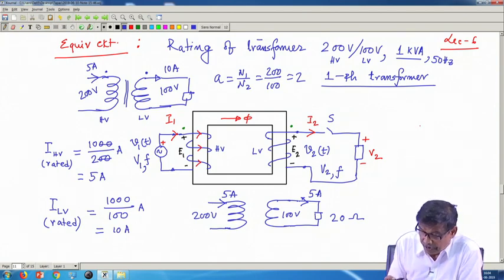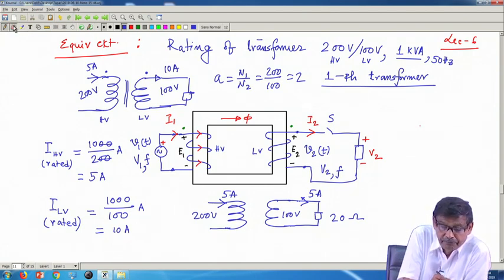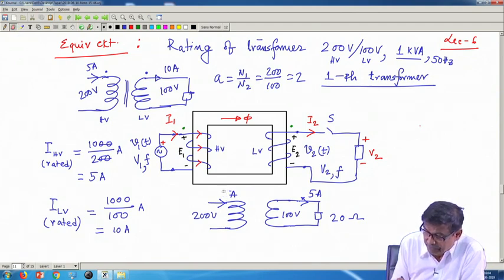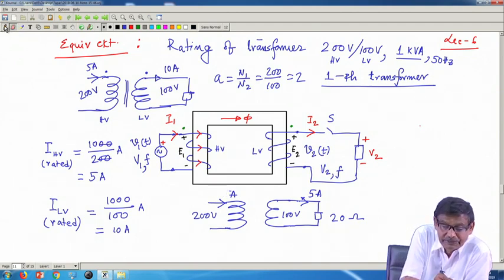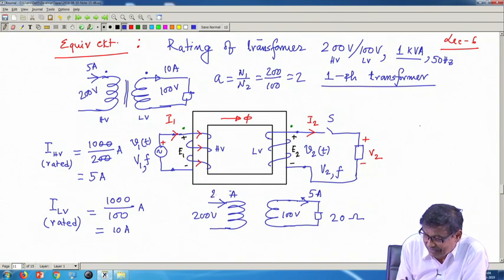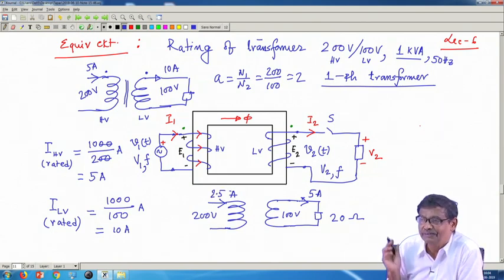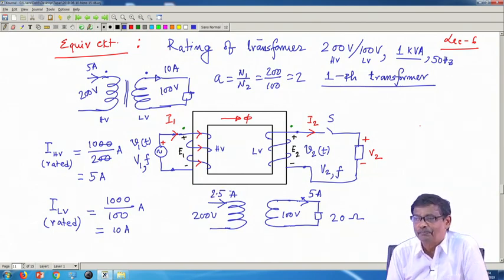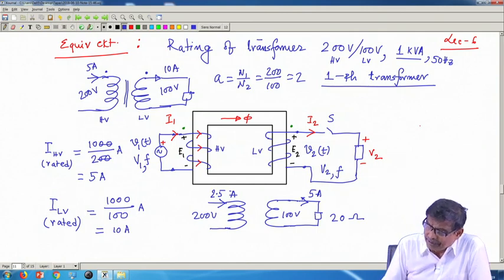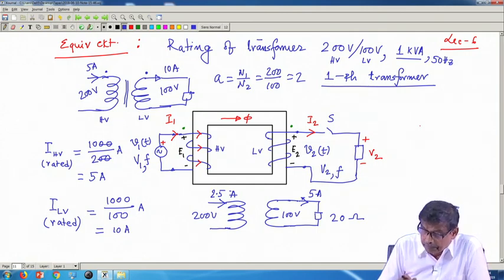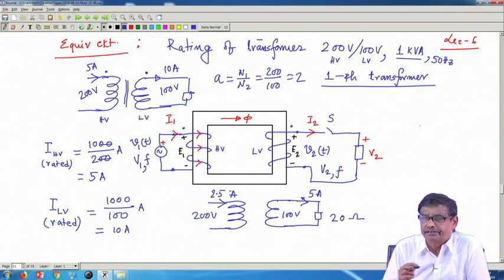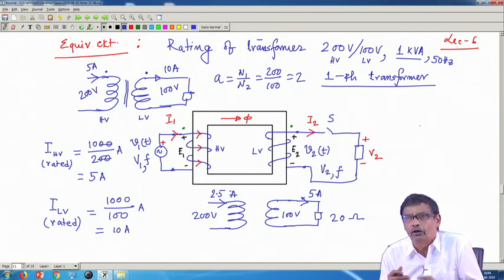But if it is 5 ampere, this current will become 2.5 ampere, because it will always be half. So, several simple but important things. This should always be in your mind.